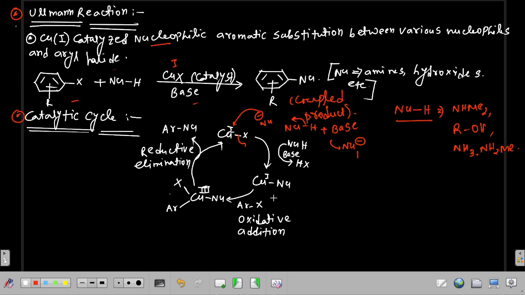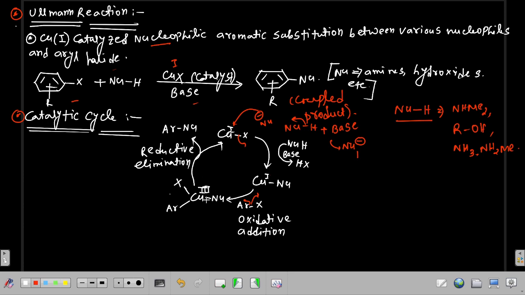Now in presence of aryl halide, it undergoes oxidative addition. During the oxidative addition, this bond will break, and both the halide and the aryl species will be attached separately to the copper center, and due to this oxidative addition, there will be an increase in the oxidation state of copper from +1 to +3.